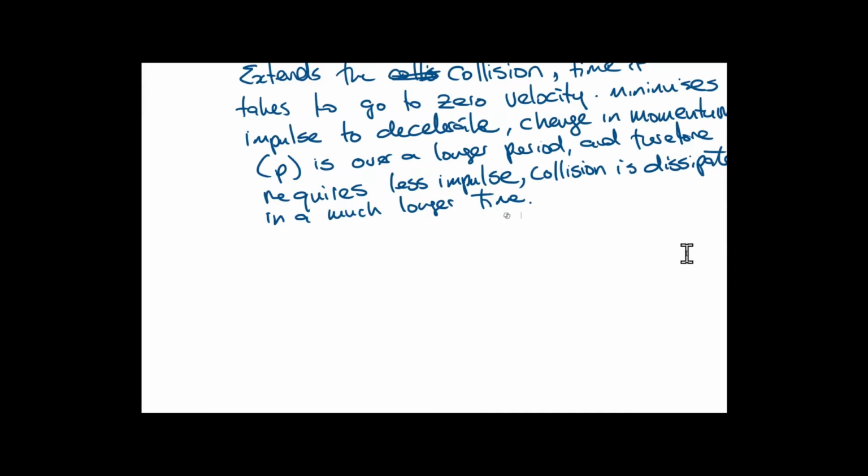It's why crumple zones in cars are so good. They increase the time that the car takes to crumble, meaning that the car takes the energy rather than the person that's driving the car, which is a bad thing.